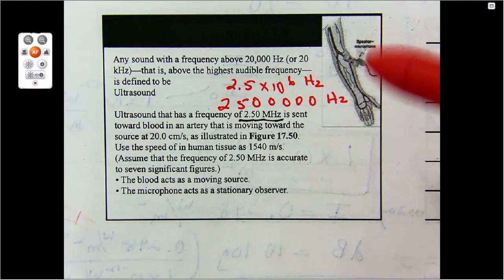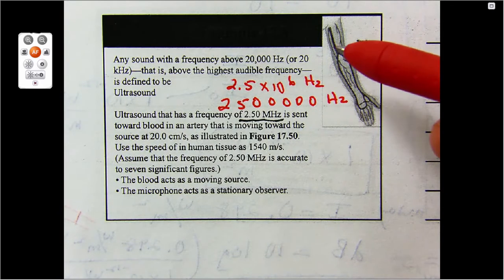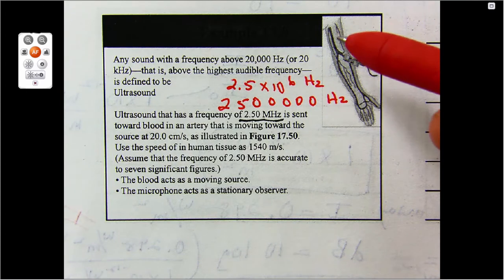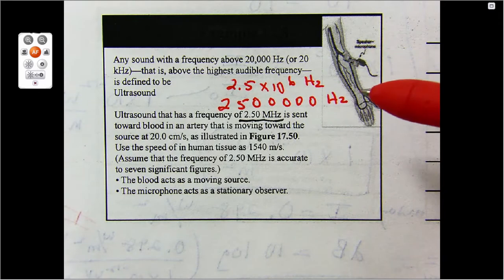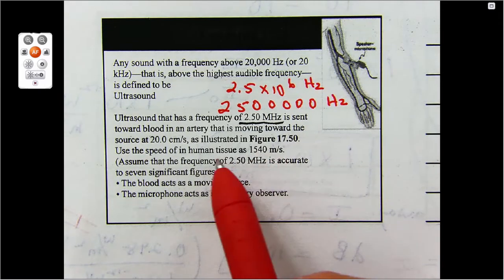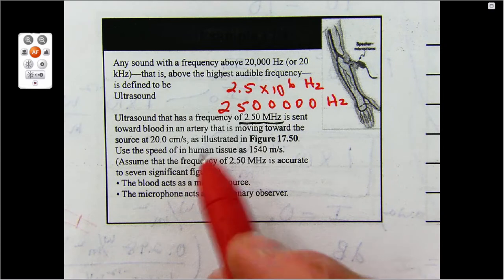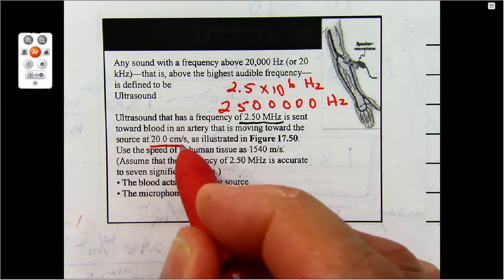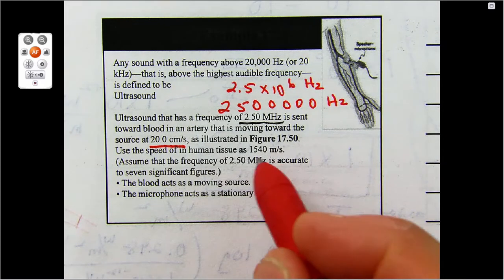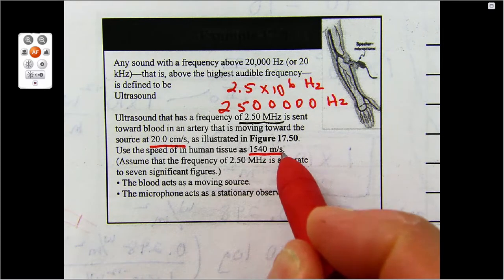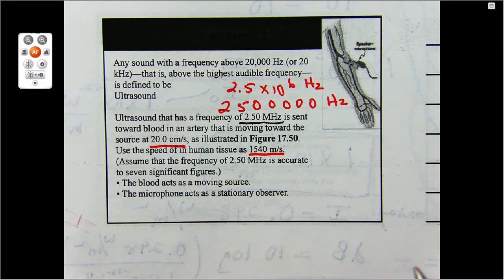Now, if your heart's pumping and if there's a constriction, it's probably going to force that blood through that constriction at a faster rate. But here's what we've got. Blood's moving at 20 centimeters per second. The speed of sound through human tissue is 1540.